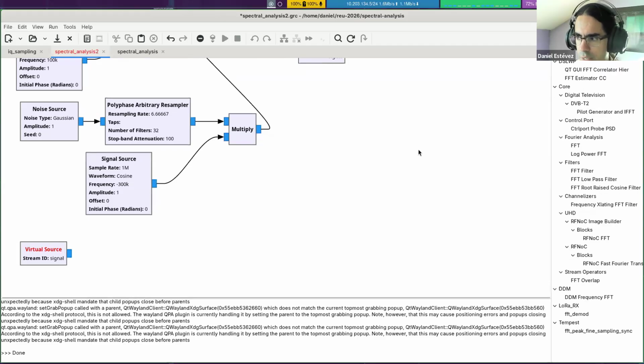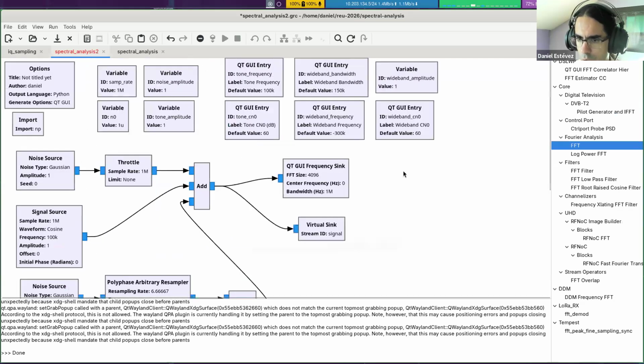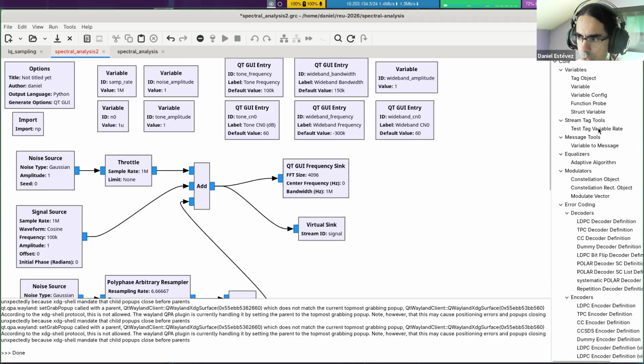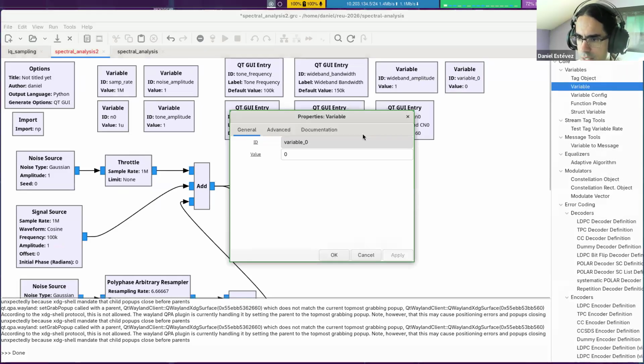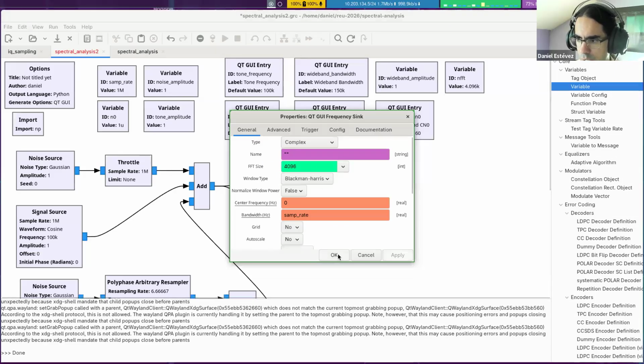I want to use an FFT because computing the spectrum always requires an FFT. To use an FFT, I need to define the FFT size, which I'm going to call NFFT, as in number of FFT points. I'm going to use 4096, which is the same number I'm using here.